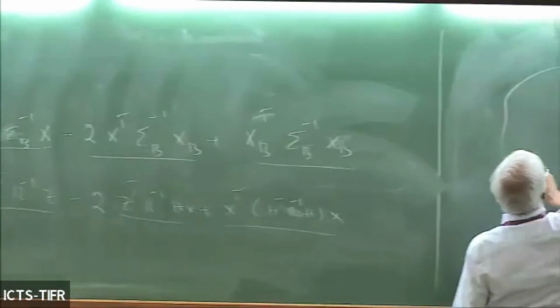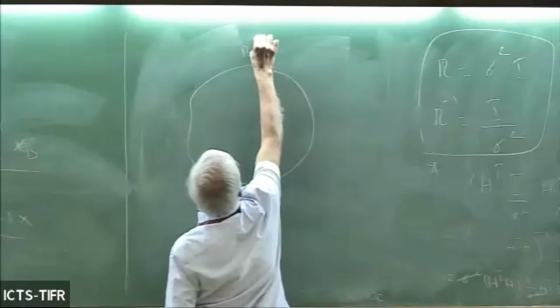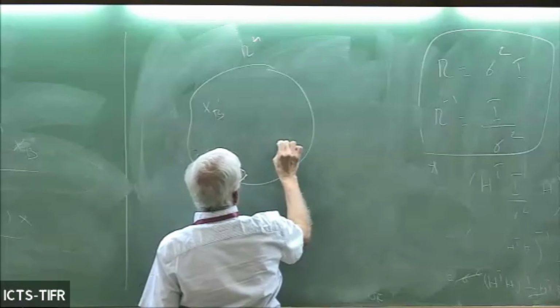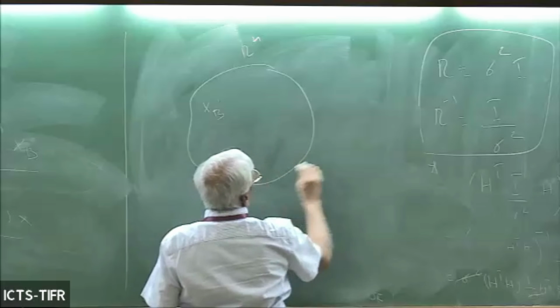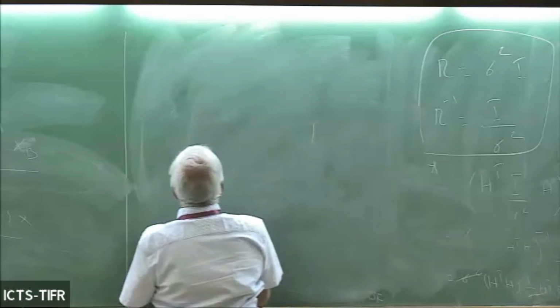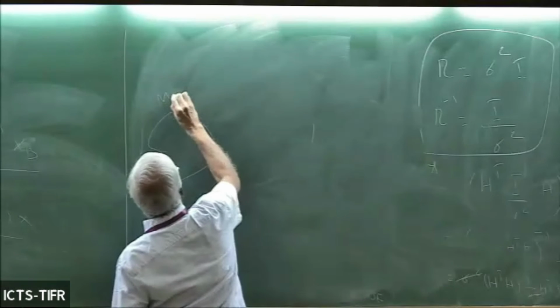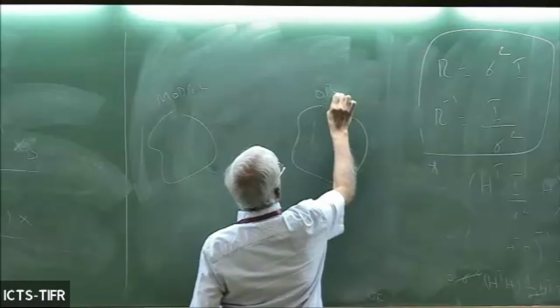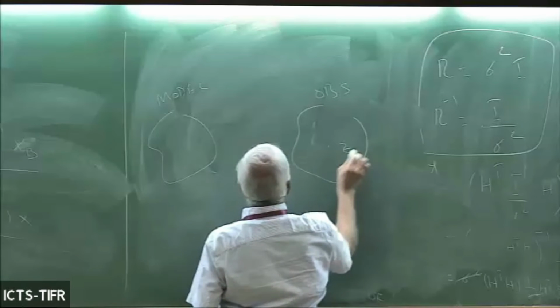So there is an n-dimensional space. There is an xb. Maybe I should do it a little bit better than that. So this is the model space. This is the observation space. There is a z here.